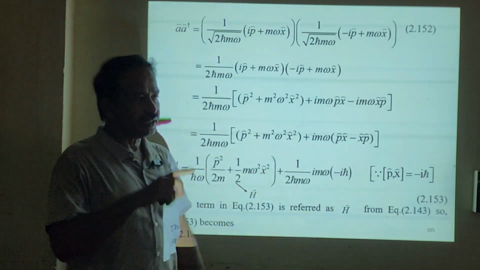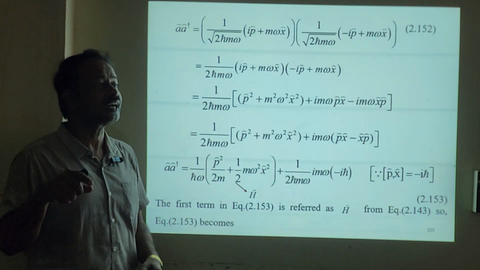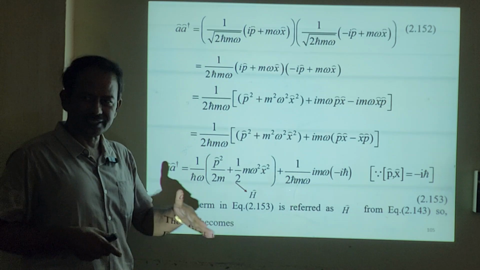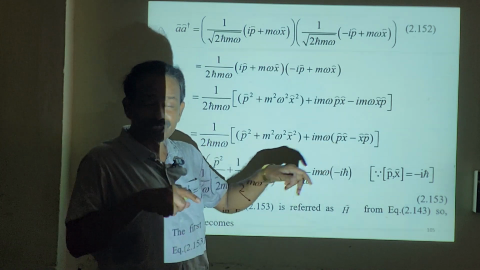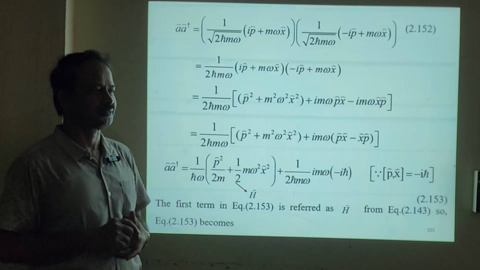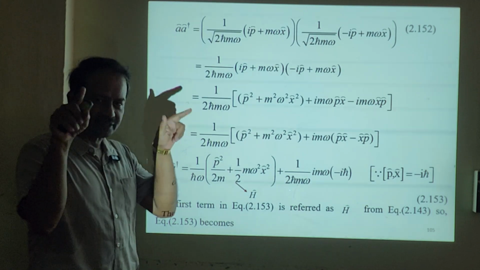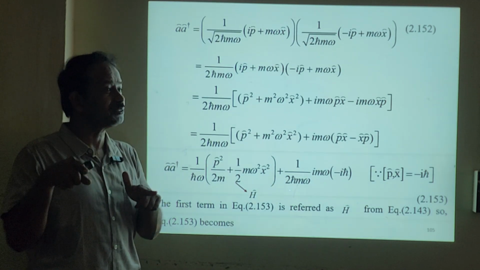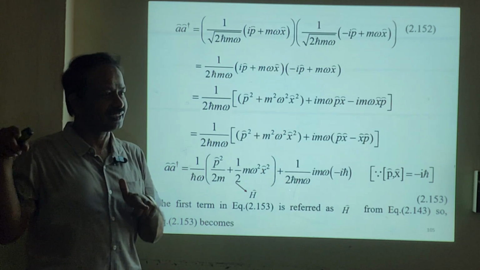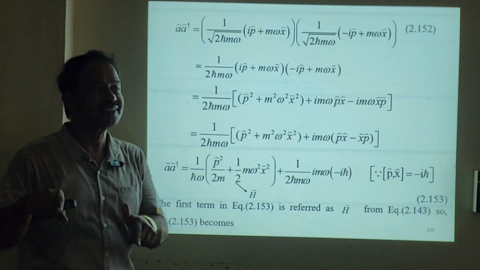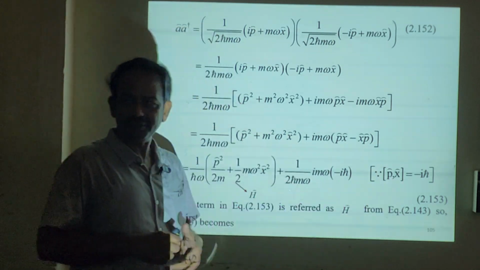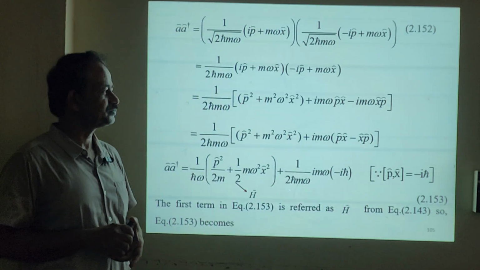Now we know already x comma p is equal to i h cross. We have already studied this in the first unit. The commutator of x and p equals i h cross. But here it is px minus xp. It is just the other way around. x comma p in the commutator will give you xp minus px, that will be i h cross. Now here it is px minus xp, that will be minus i h cross. So p comma x will be minus i h cross.